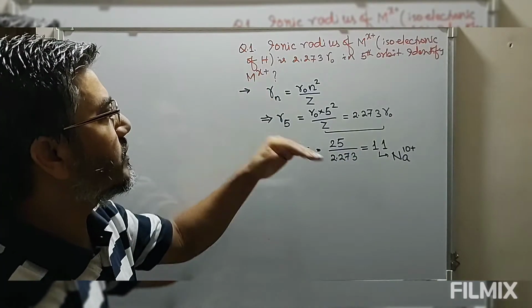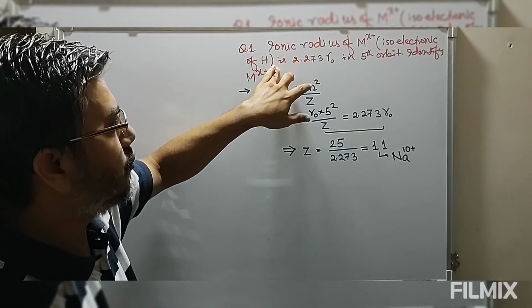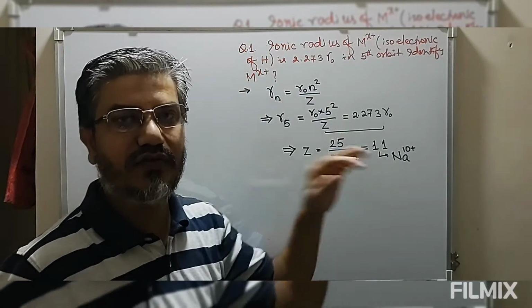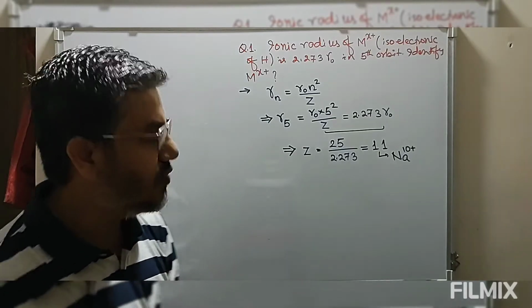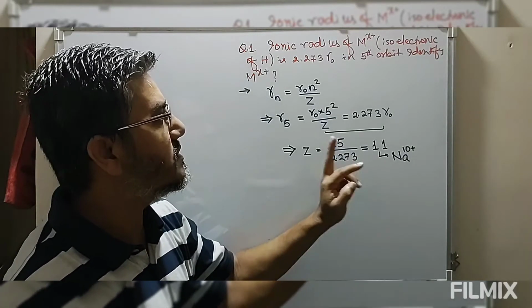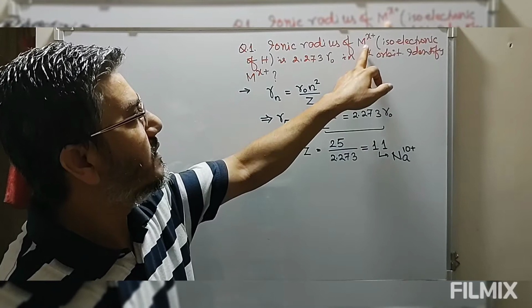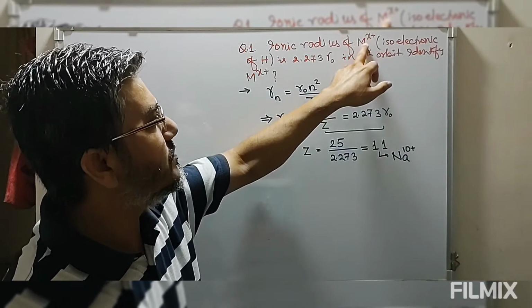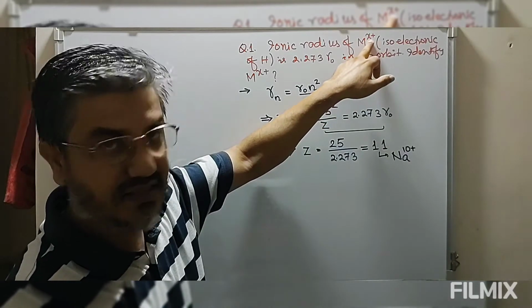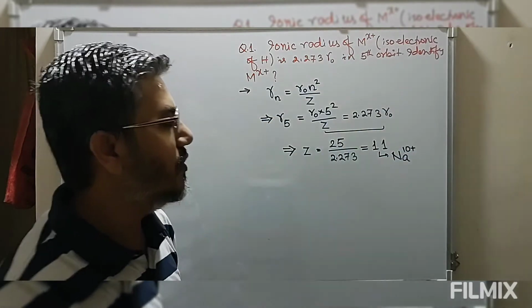Now this is isoelectronic with hydrogen. So sodium atomic number 11 means number of electrons present in the shells will be equal to 11. So since this is isoelectronic, that means this X plus, the charge on this metal, X will be equal to 10.